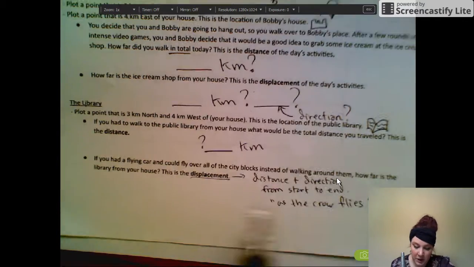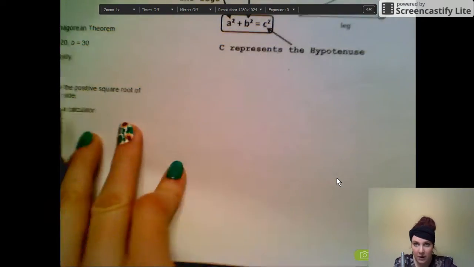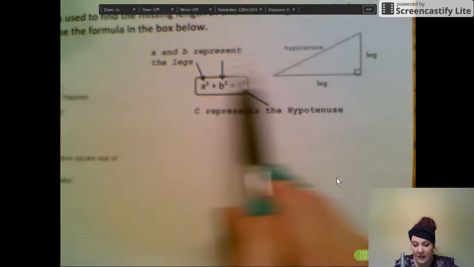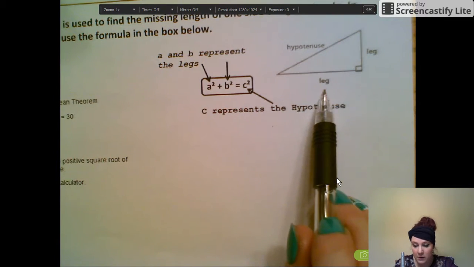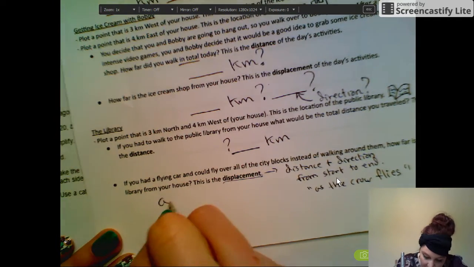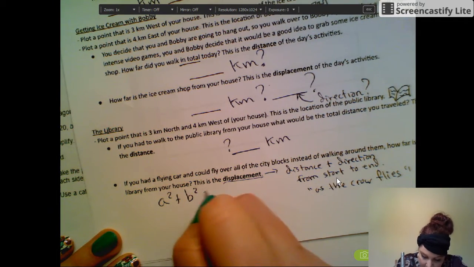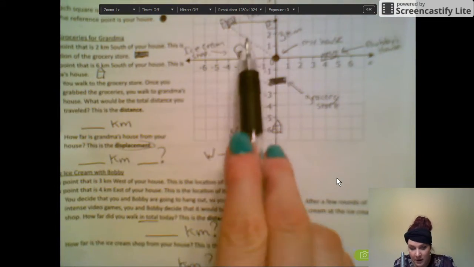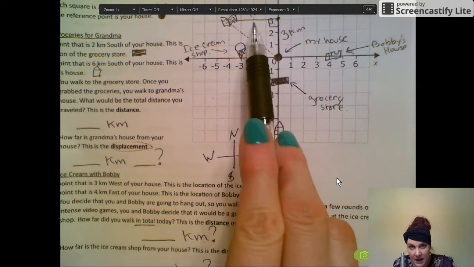So what you're going to do is plug that into your Pythagorean theorem. These are the legs that we just found out. So this is 3, and this is 4. And you guys should all have this sheet. So we're going to set this up. A squared plus b squared equals c squared. You're just going to plug in the values that you found up here into a squared and b squared.